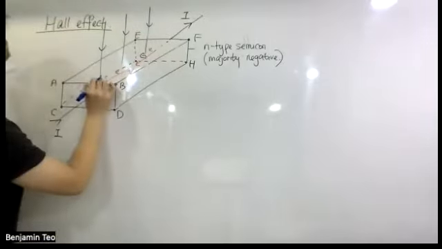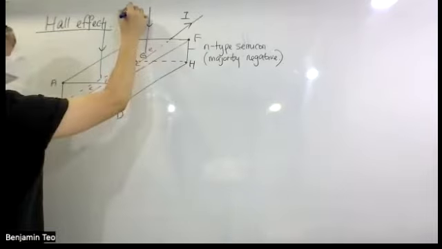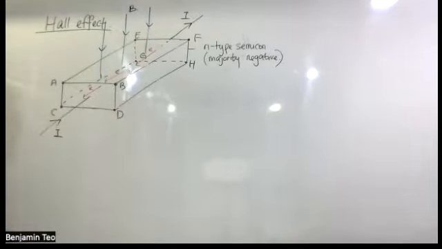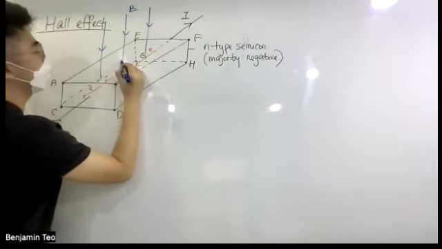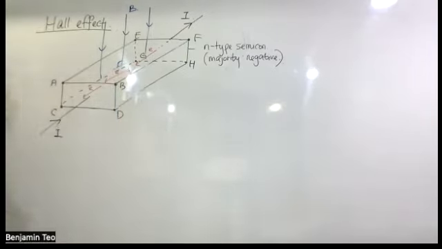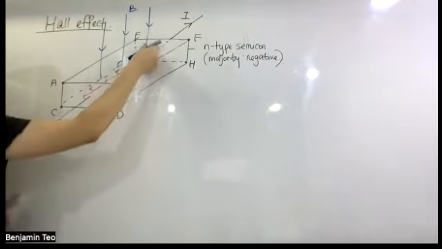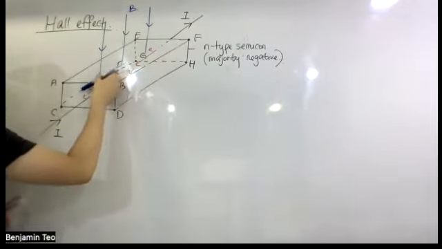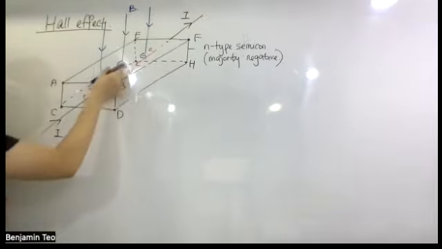We call this B, B field. It is making 90° with the surface of the semicon. The velocity vector is also making a 90° with the field.